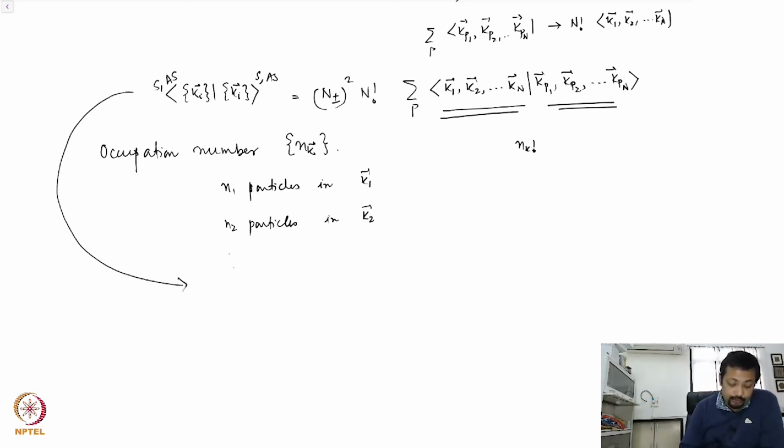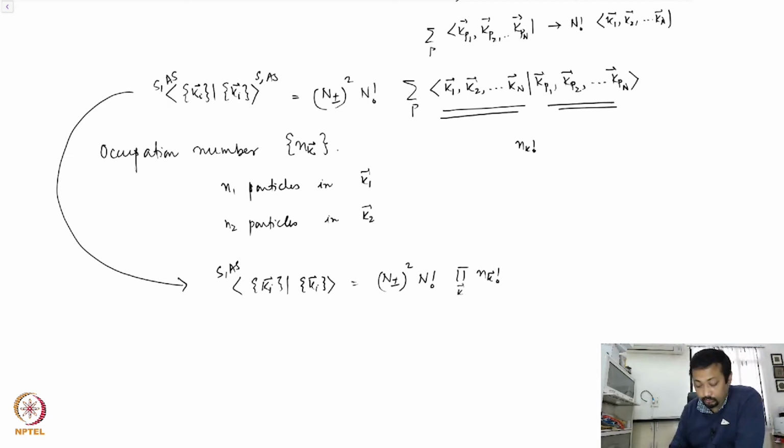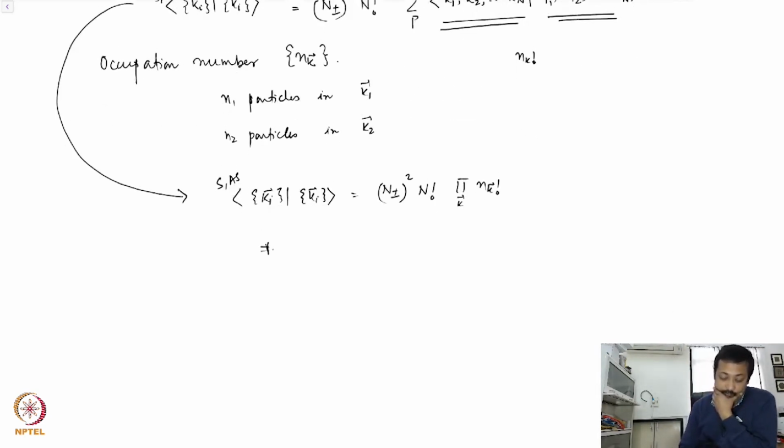So this quantity takes the simple form of N plus minus whole square, n factorial, product over k of nk factorial. This implies that N plus minus square times n factorial times the product over k of nk factorial is equal to 1.